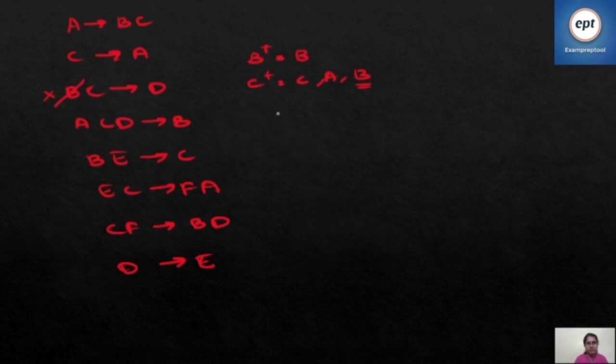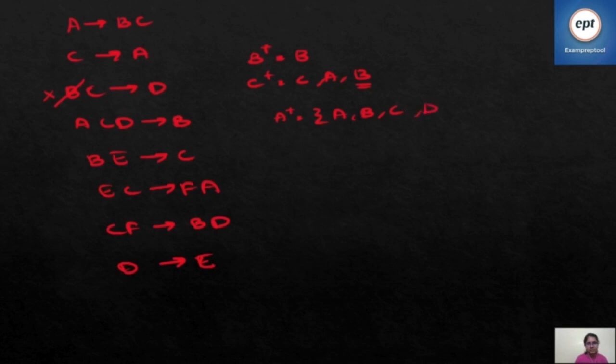Let's make the attribute closure of A. The attribute closure of A will derive A, B, C. This we can derive. Can we derive D from A? Let's check that. C can derive D, yes.